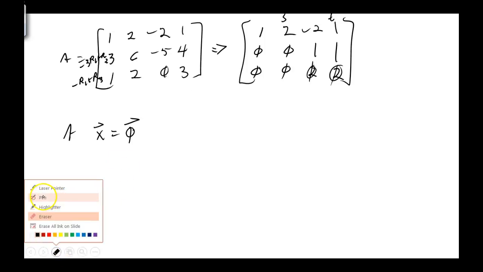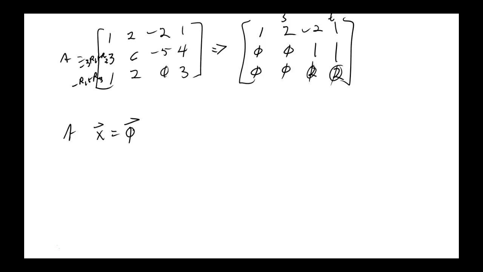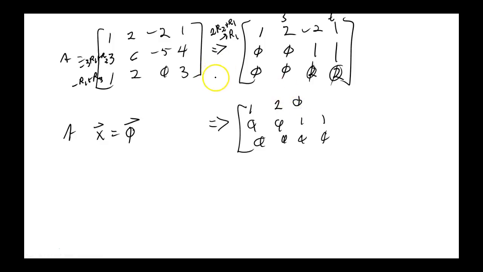To do reduced row echelon form, you would do 2 row 2 plus row 1 as the new row 1 to get a 0 above it. Let's see what happens with that. 0, 0, 1, 1, 0, 0, 0, 0. This would be 1, 2, 0, 3.